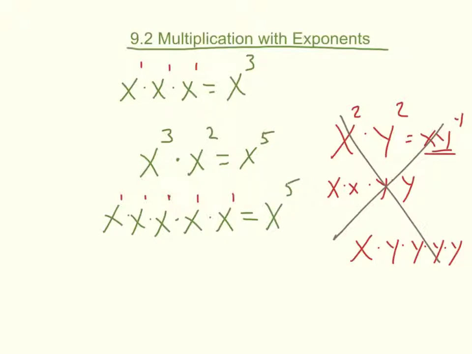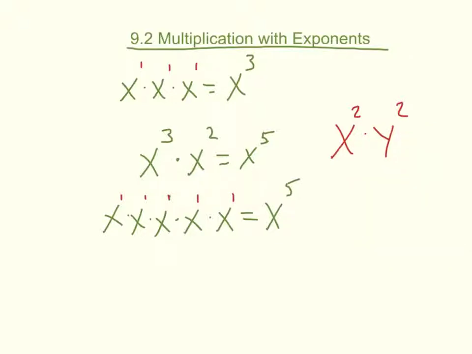That doesn't work. So simply stated, if I have two different variables and I'm multiplying, well, the exponent stays the same. That's just going to be x squared, y squared. Okay? Now we're not going to deal too much with these type of problems right now. We'll get to that a little bit later. Let's just focus on the main skill. I just wanted to point that out.